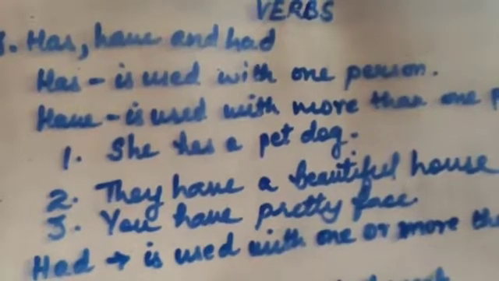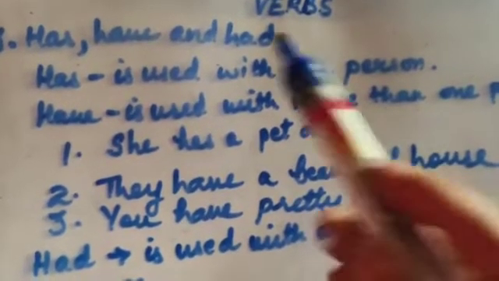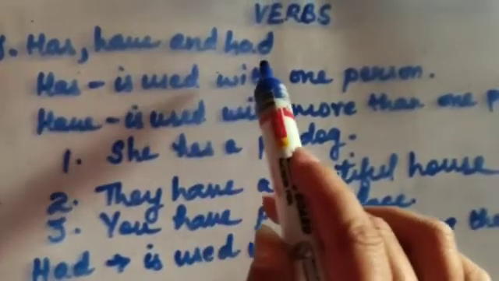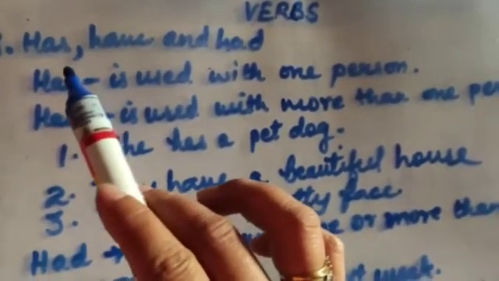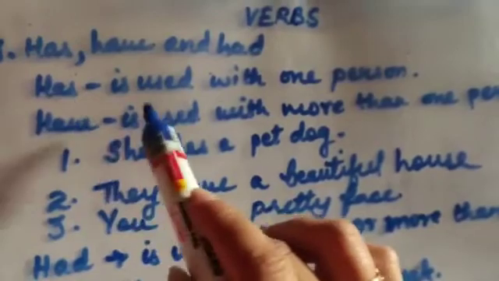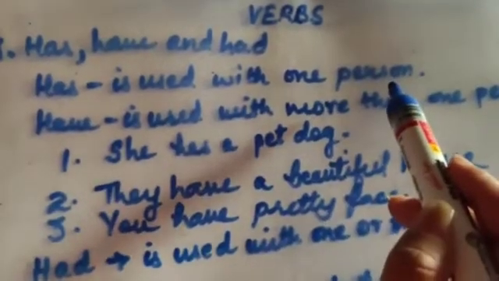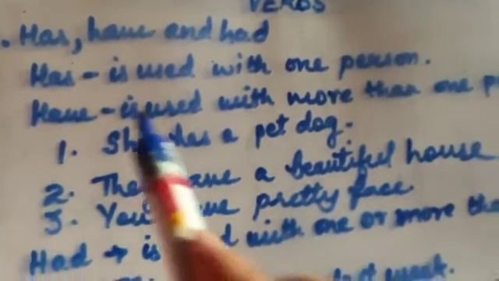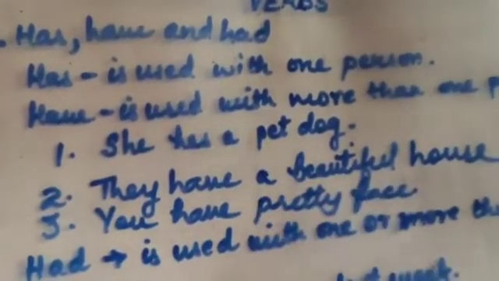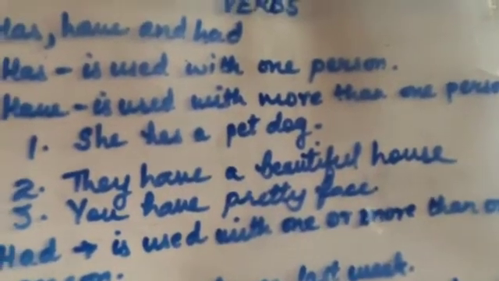Now class, the next helping verbs that we are going to learn are has, have and had. Okay, so let's learn first has and have. So has is used with 1 person. So we use has with 1 person or 1 animal. And have is used with more than 1 person or animal.